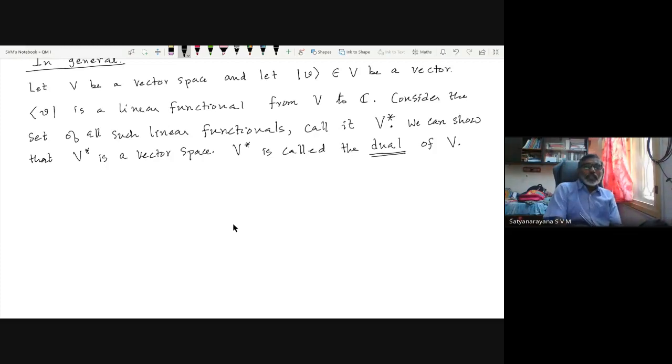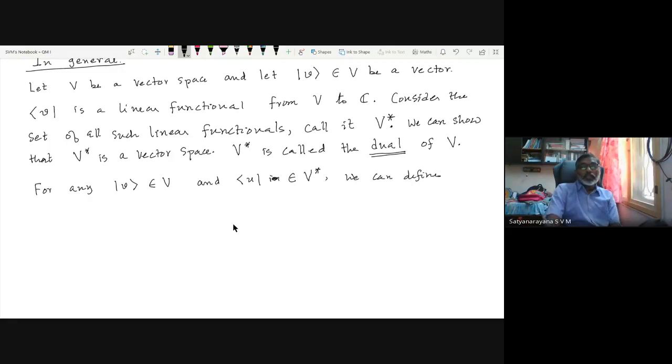Then for any v in V and a linear functional U in V star, we can define bra U ket V as an inner product, because remember, this bra U is a linear functional associated with some ket U in V. So that is what we wrote earlier.